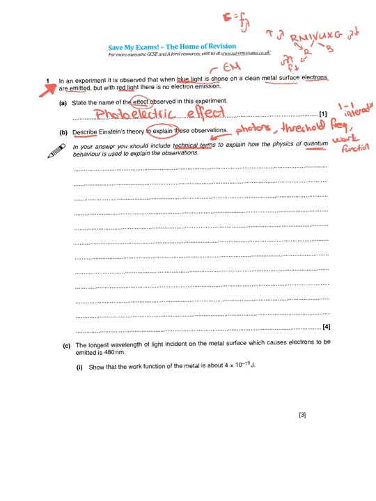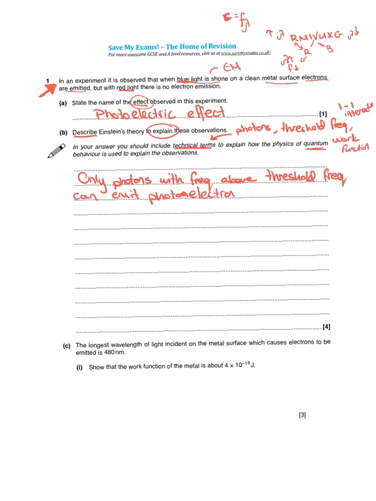So I can start by saying, for example, only photons with a frequency above threshold frequency can emit photoelectrons, or whatever way you phrase it.